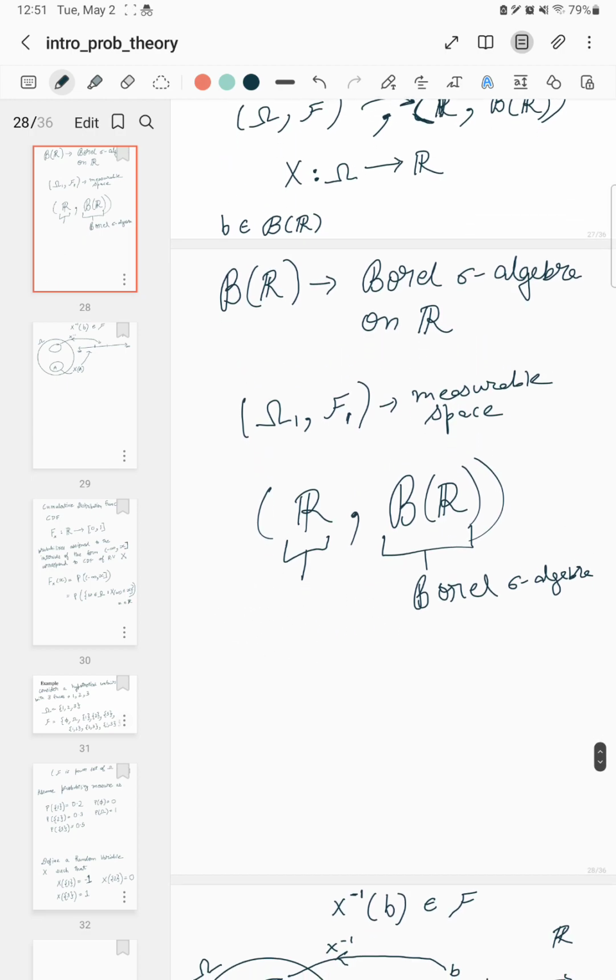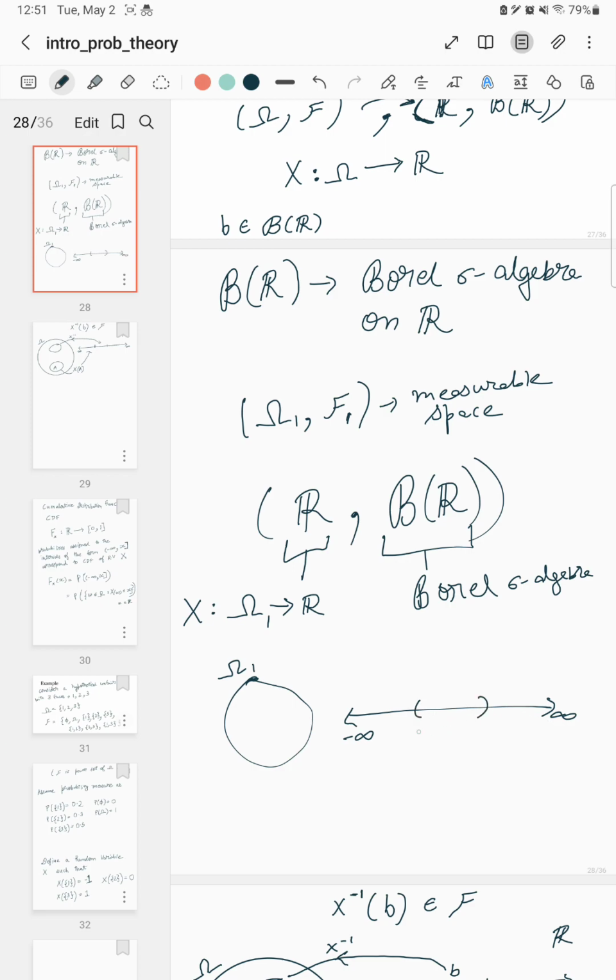So let's say I have a random variable named x, which is a measurable function from omega 1 to, let's say, R, and this is omega 1, and for representing R, I'll rather represent the real set in the form of a number line like this.